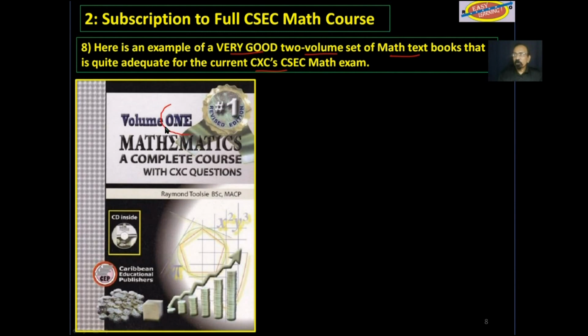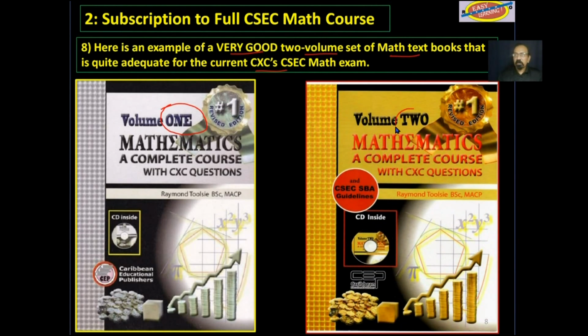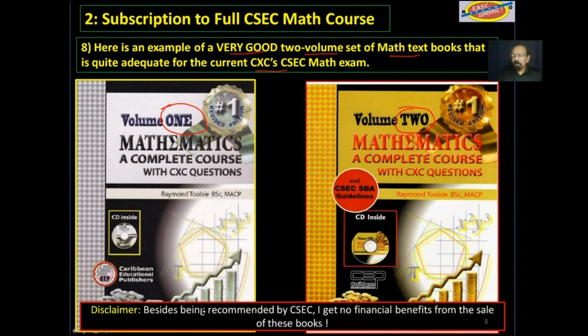There is volume 1, and then there is volume 2. Please note a disclaimer here. I get no financial benefits from the sale of these books.